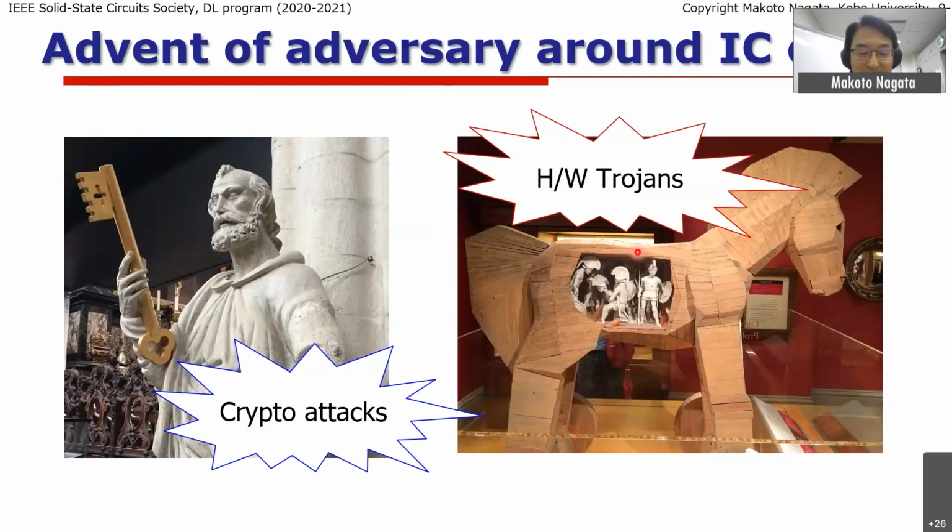But obviously the adversary sometimes comes up and tries to extract your private data from the operation of the cryptographic engines, unfortunately. And even in some cases, hardware Trojans can exist within an IC chip. This is not always the case. It is a very scenario-based topic, but it can happen.